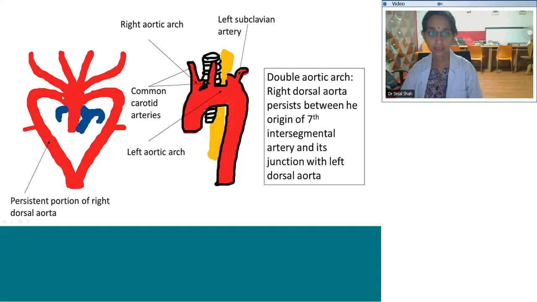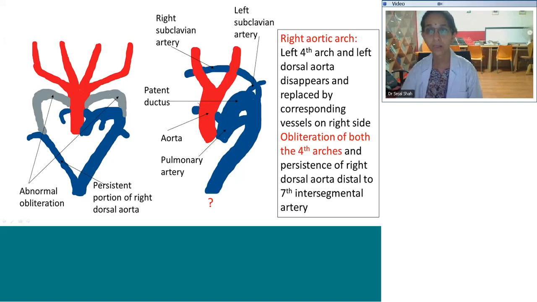And in that situation, you will have independent 2 origins of 2 vessels from the right arch and 2 vessels from the left arch, and you will not have a brachiocephalic. So you cannot have an innominate artery when you have a double aortic arch. And then you have this right arch which goes posteriorly and the left arch which comes anteriorly between the trachea and the esophagus, and that itself forms a vascular ring.